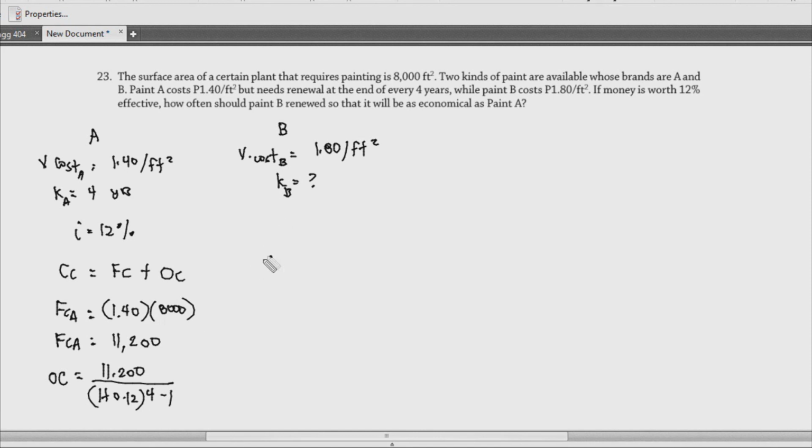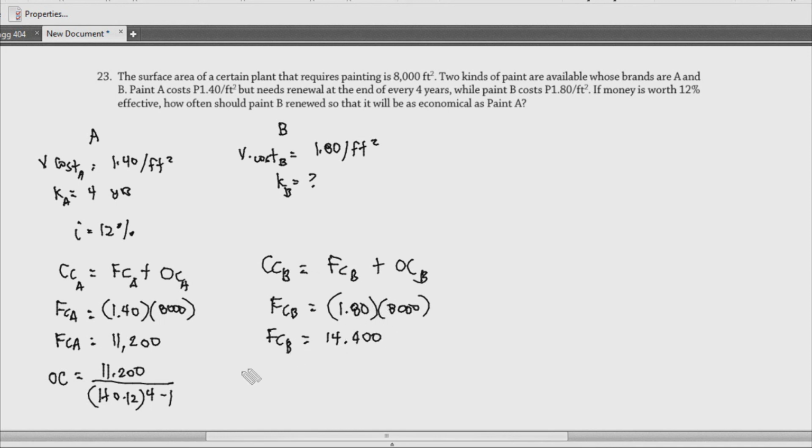Now, for your B, we could say na ganun lang din yung concept, no? It's just that we incorporate yung kanyang cost. So we have FCB that is equal to 1.80. So medyo mahal siya ng konti, and then 8,000. So with this, yung ating first cost for B would be equal to 14,400.